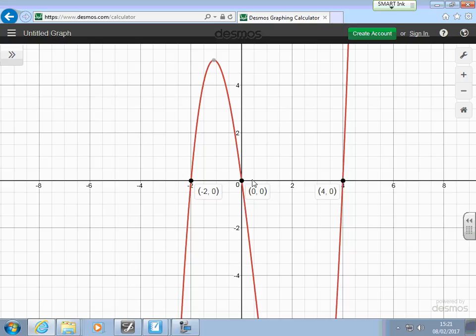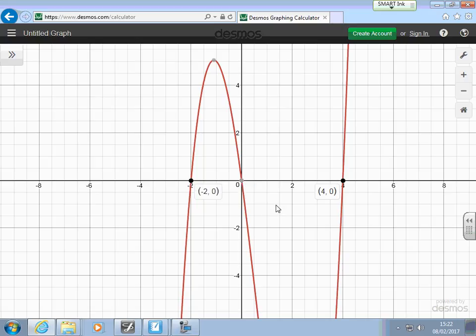So we've got a portion here above the x-axis between the limits minus 2 and 0.